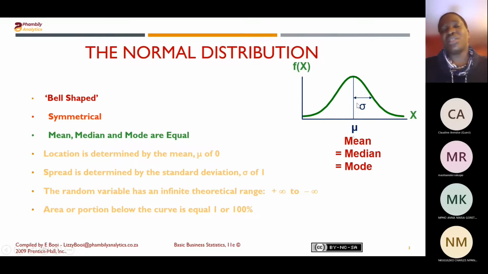And if your mean, which is the average, is the same as your median, which is the middle value of your data points, or is the same as the mode, which is the most frequent number in your data, then we will say that data set is normally distributed. And if your data is not normally distributed, then we need to standardize it by calculating the Z-score and go and find the normal distribution of that data.